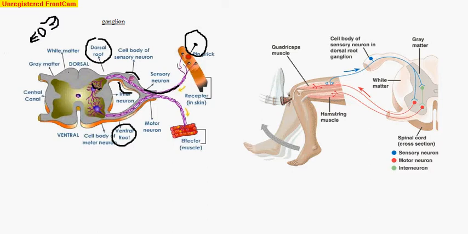So we have this cell body receiving the impulse from the relay neuron, which is also called associatory neuron and many other names, and then this motor neuron takes the impulse, and it moves through the ventral root as we said, and finally to the effector muscles.